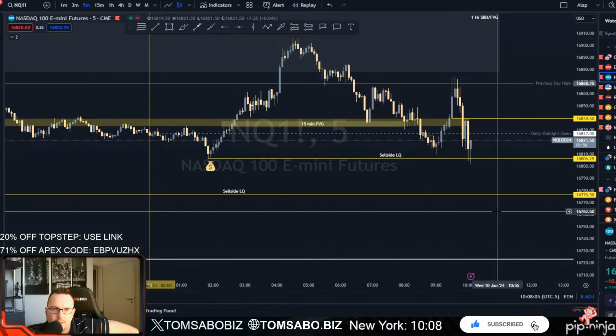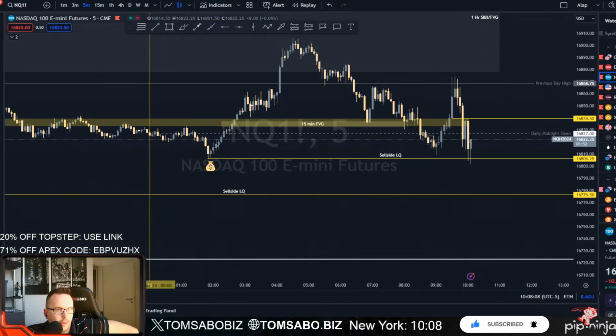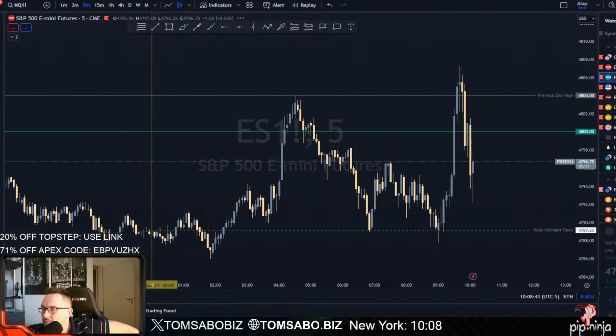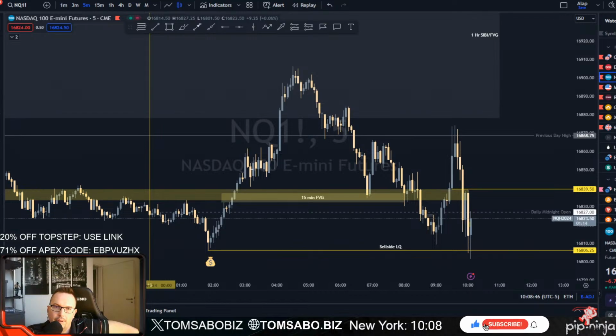Not a clear structure shift yet to the upside, but it can go up. Inside of a bullish order block on the 5-minute as well, but I don't know how strong this is going to hold here. ES keeps fighting.